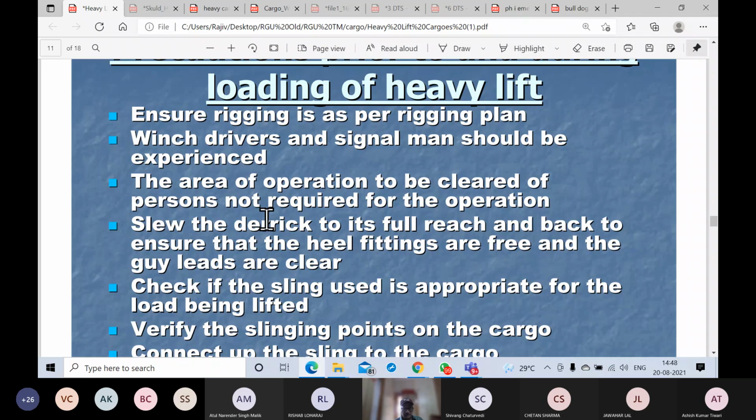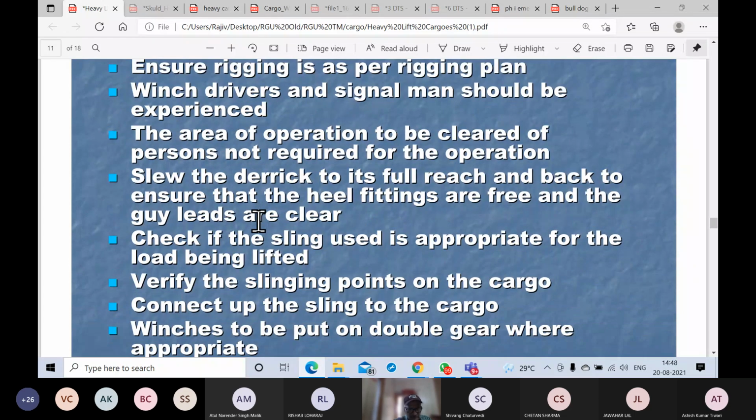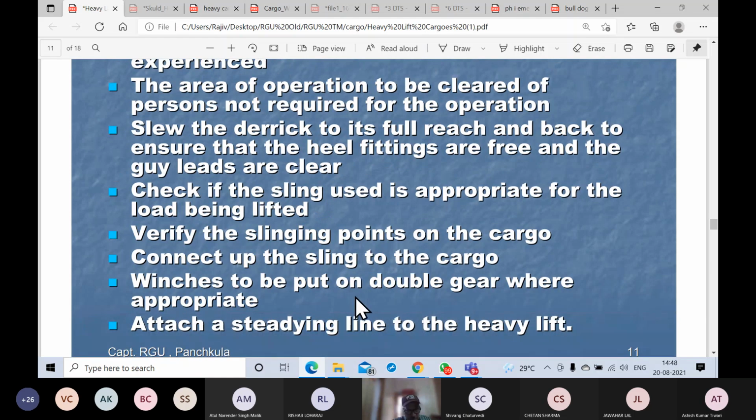Slings used should be appropriate for the load being lifted, including certificates, meaning that slings are certified to be used. Slinging points and securing points on the cargo should come from the MSDS. If not, then you have to ask for it from the shipper.